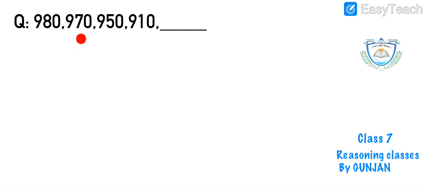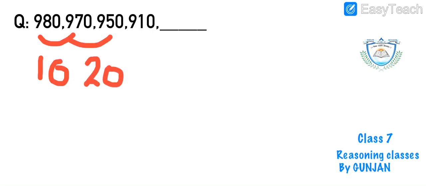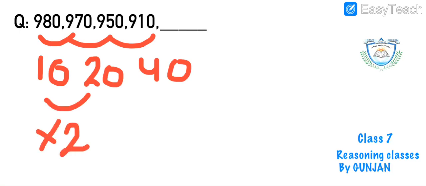980, 970, 950, 910 and the answer. Let's check it out. Difference between 980 and 970 is 10. Again, if I check the difference, it's 20. If I check the difference, it's 40. Now you can clearly see here, it is multiplied by 2 so that you can get the next number.